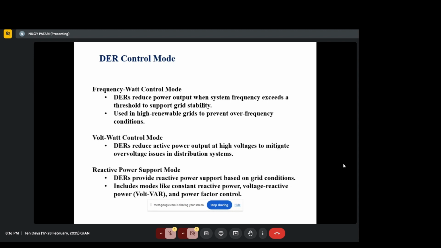What it will do is, when you have an active power reference at the grid side converter, that active power reference can be represented as a function of frequency.